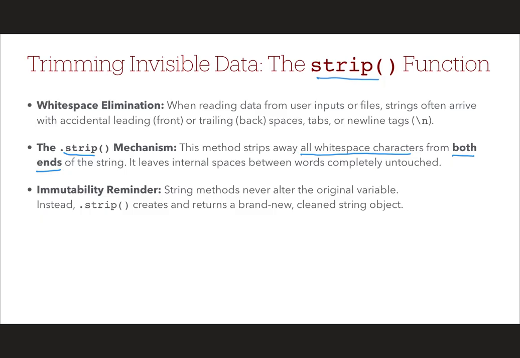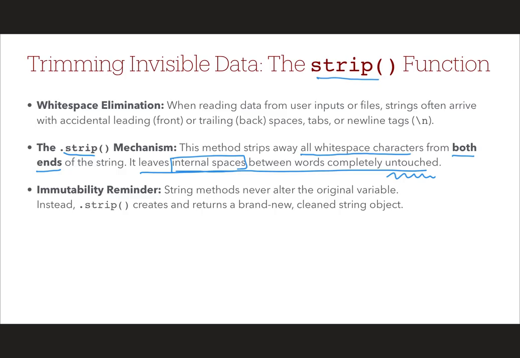So that's one thing you need to be careful about. It leaves any internal white spaces between words. It does not touch this. It does not touch any white spaces in the middle of the expression.